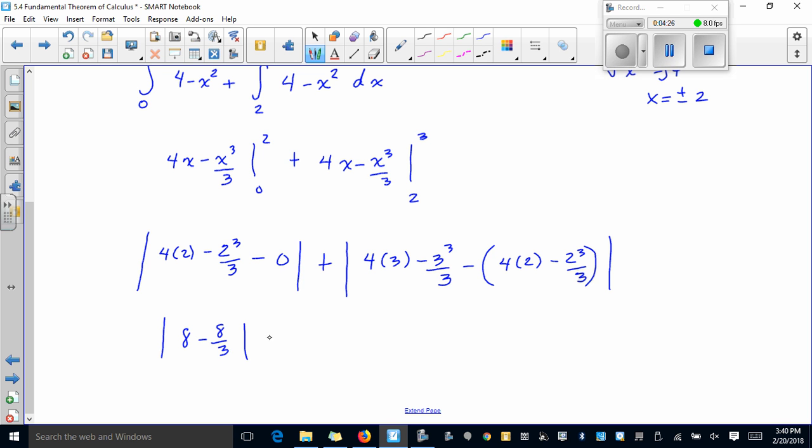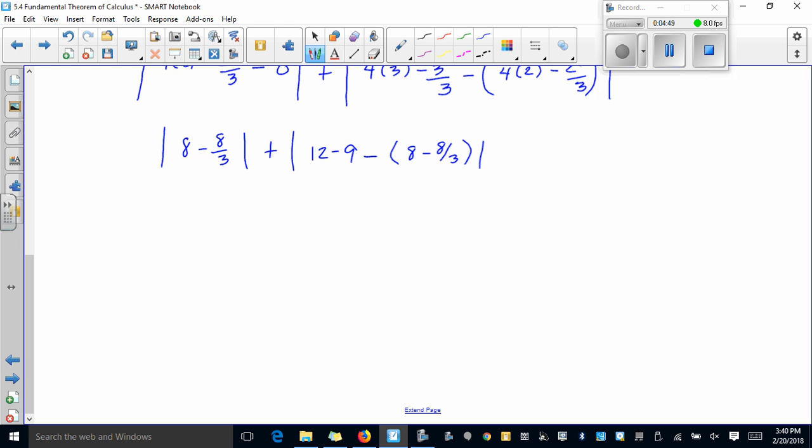Yes, those two values are exactly the same, but keep in mind we're going to be adding the absolute values of these. Okay, I have to get a common denominator over here. So that's going to give me 24 over 3, because 3 goes in 24 8 times. And 24 minus 8 is going to give me 16 over 3.